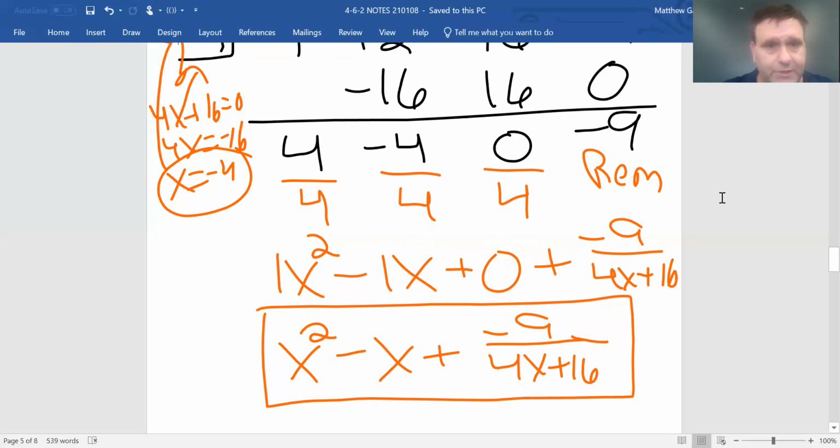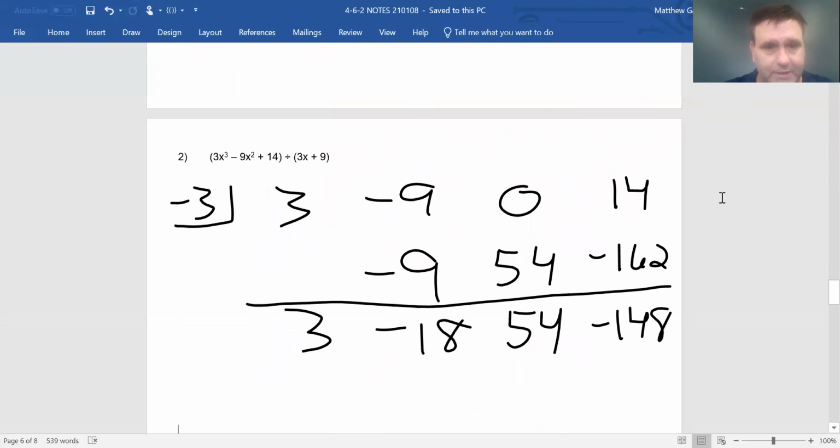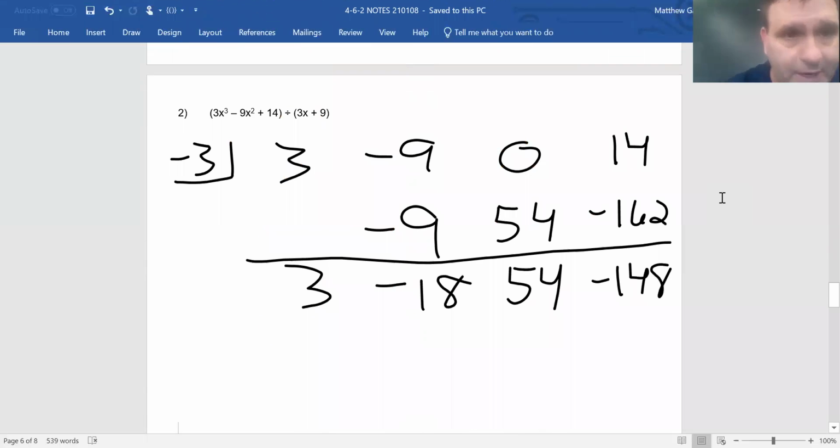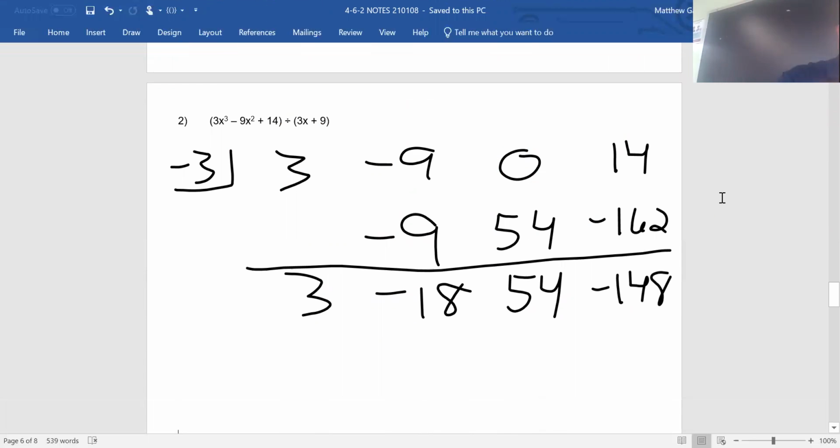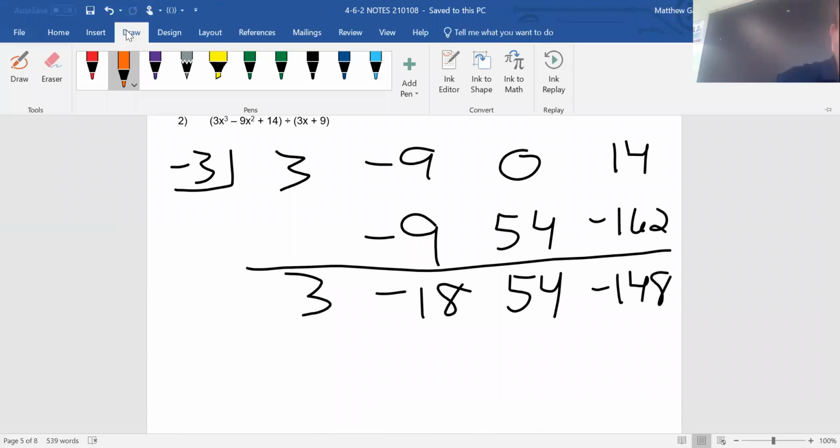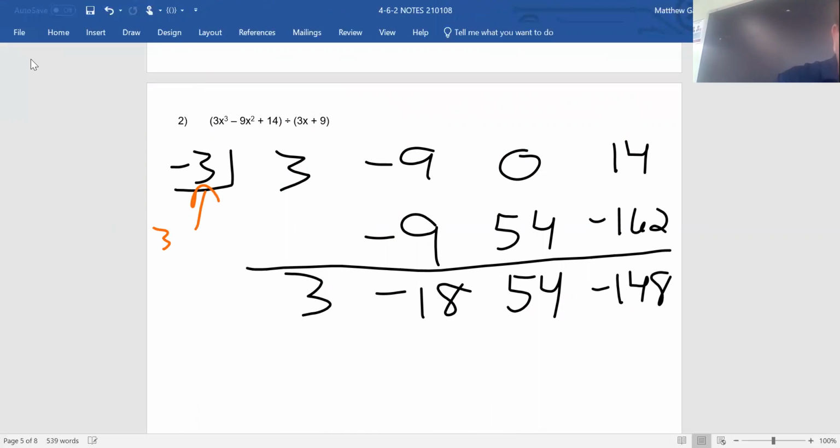And I believe question 2 had a placeholder. Yes. So your excluded value, first of all, that -3. So 3x is -9. 1x is -3. Simple. That goes here.